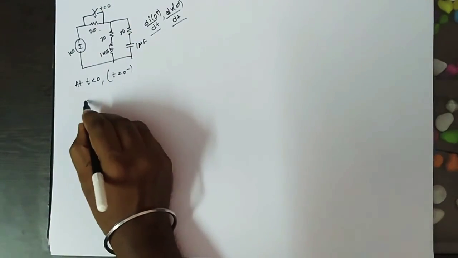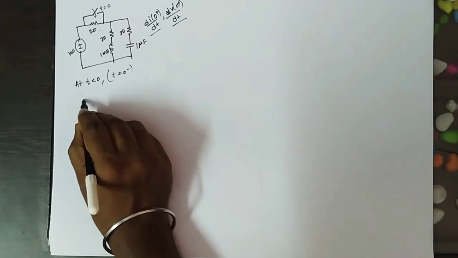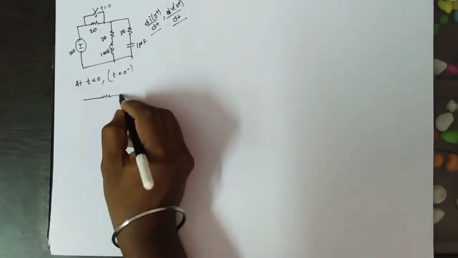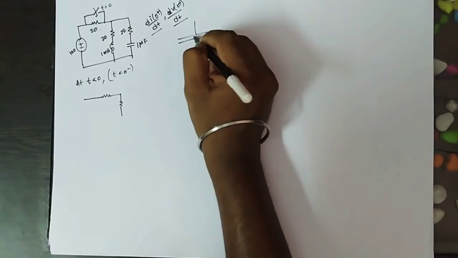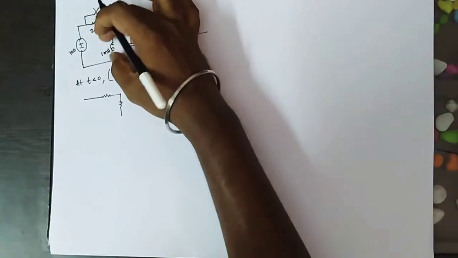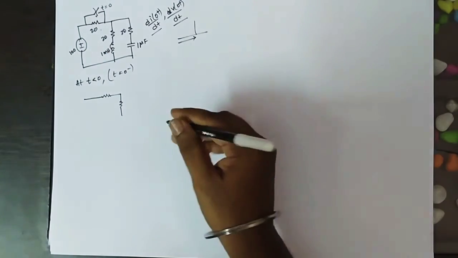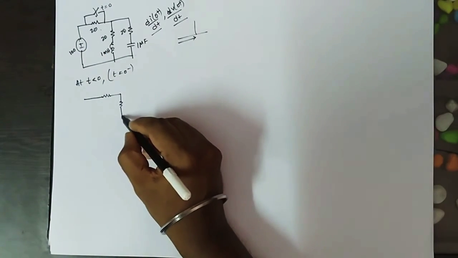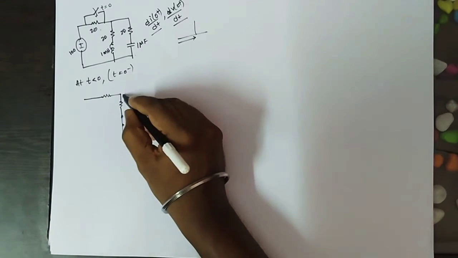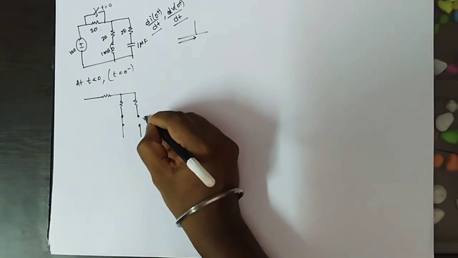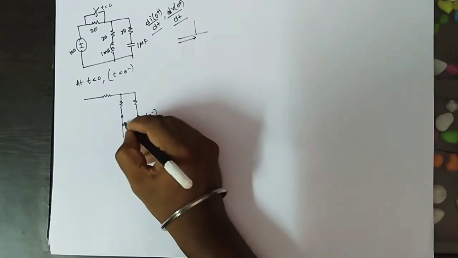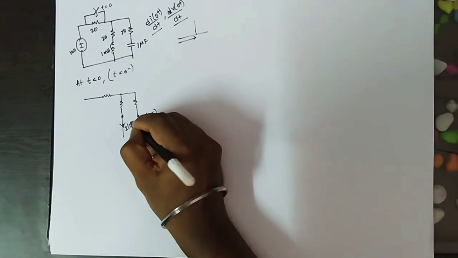If the switch is not operated, the circuit will become like this. So at t equal to 0 minus, the source is there, and the inductor and capacitor will have acted for a finite interval of time. At that time the inductor becomes shorted and the capacitor becomes open. So this will become V of 0 minus and this will become I of 0 minus.